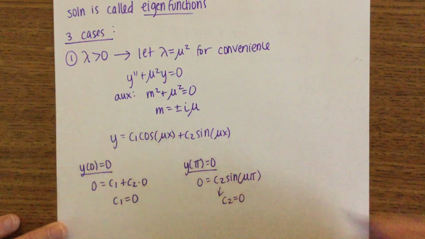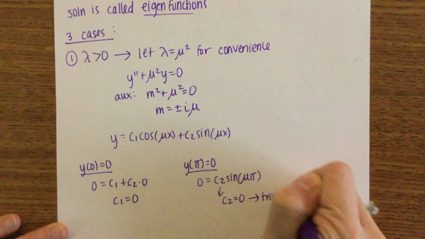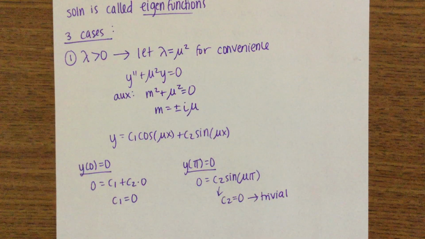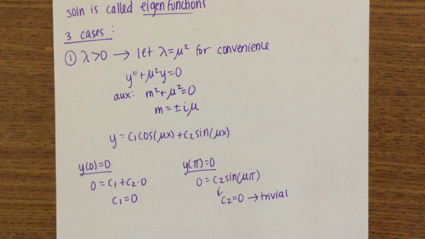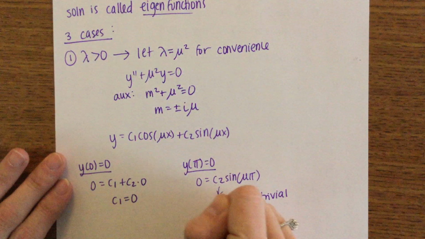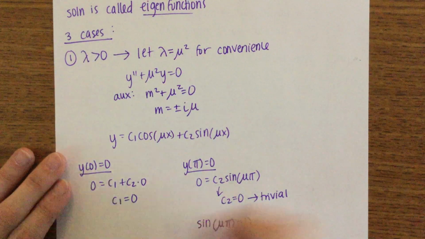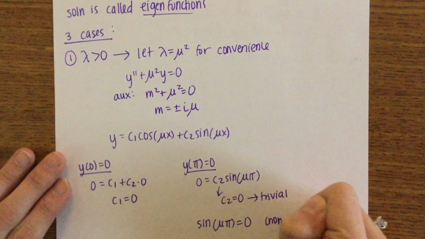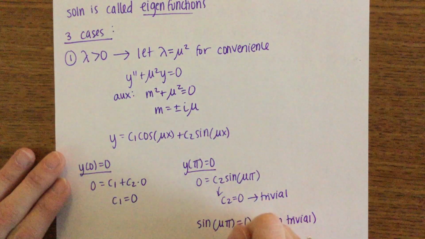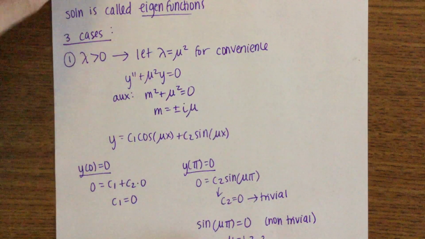First case is that c2 could equal 0. If that's the case, then we end up with the trivial solution of y equals 0. We already said we're looking for the values for which we have non-trivial solutions. So if this is to be non-trivial, then we need sine of mu pi to be equal to 0. That will be the case if mu is 1, 2, 3, etc.